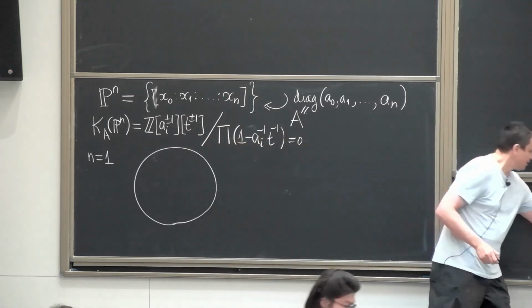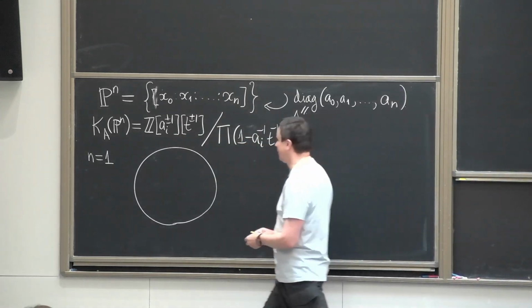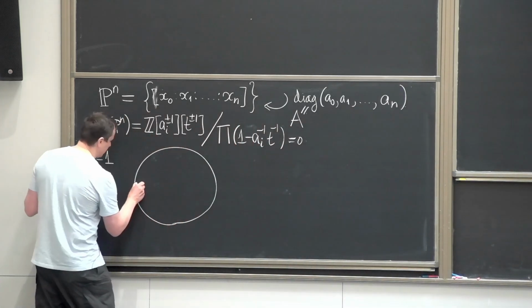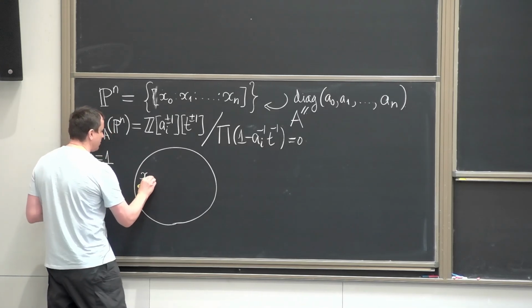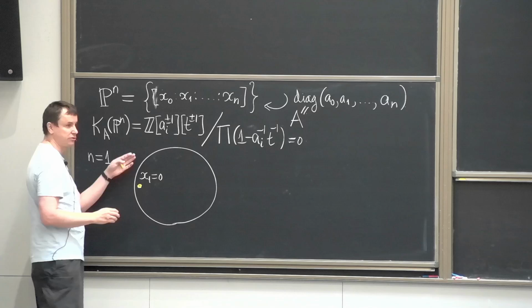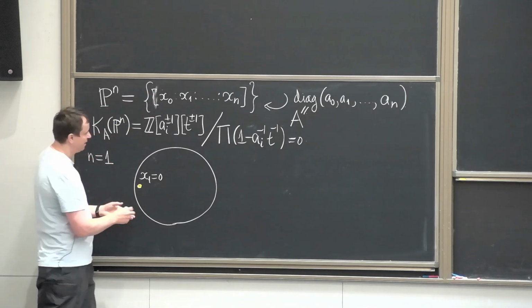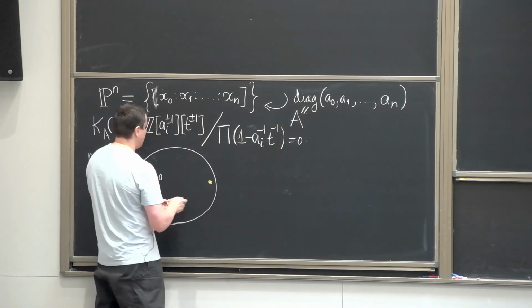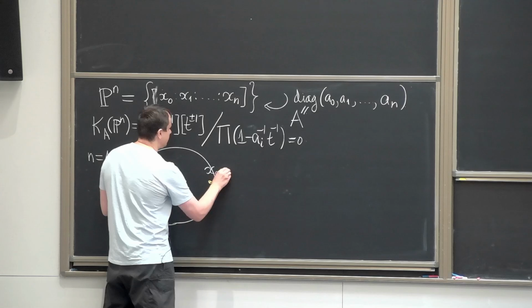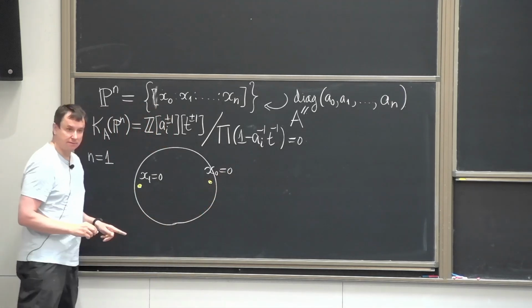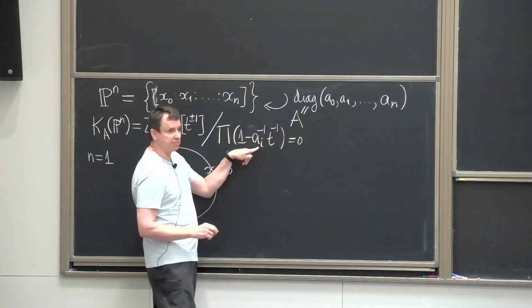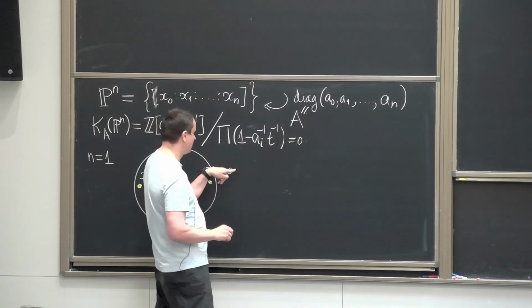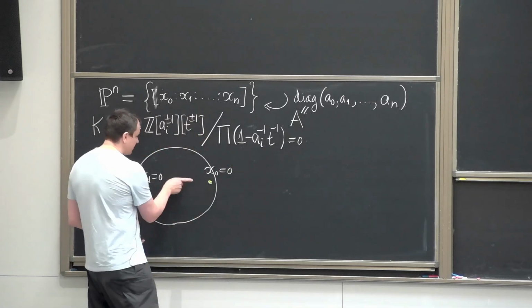And so we'll have one point where x1 is 0, and then infinity is where x0 is 0. And so in the relation there will be two terms, and their product is 0. But this is the class of this point.